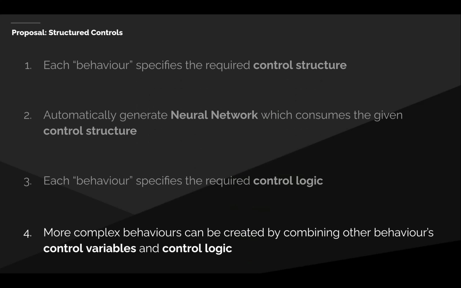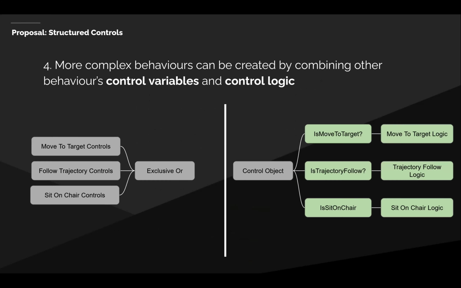Once we've specified the logic, we have this final step where we can specify more complex behaviors in terms of these other behaviors. For the demo I showed you, we have a whole bunch of different behaviors going into an exclusive OR. So we're saying, either I'm going to give a trajectory, or a target point, or a chair, or a jumping location, or whatever.